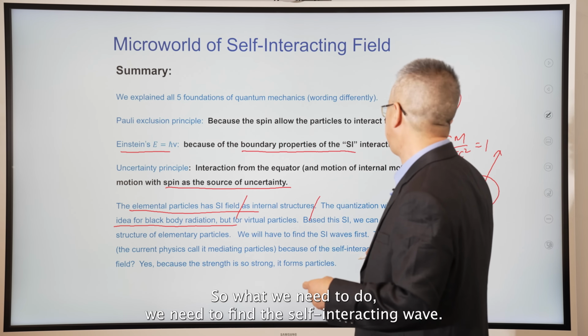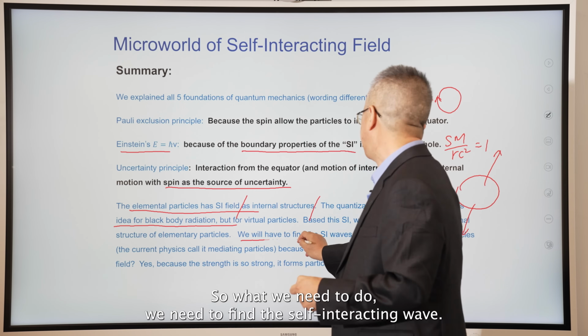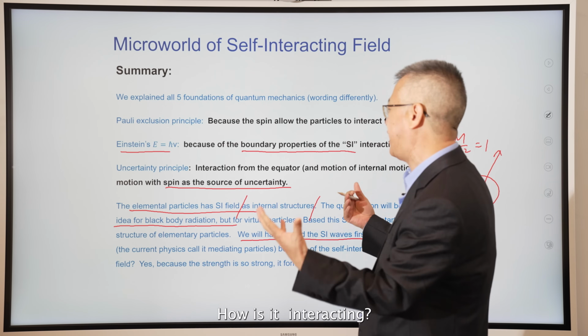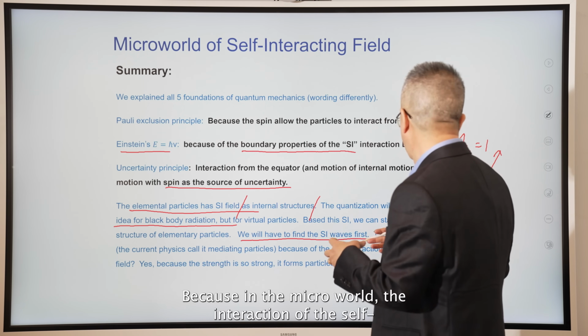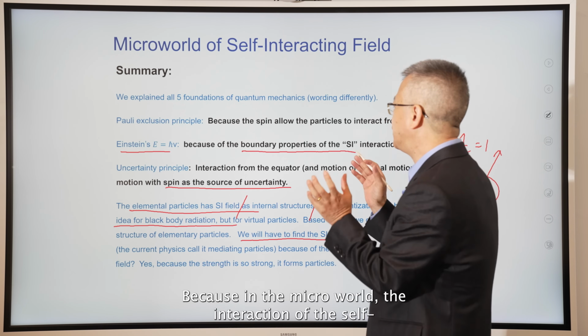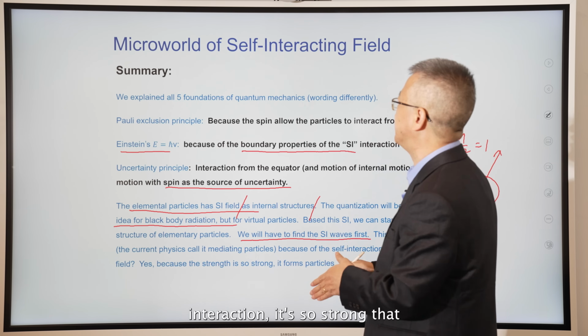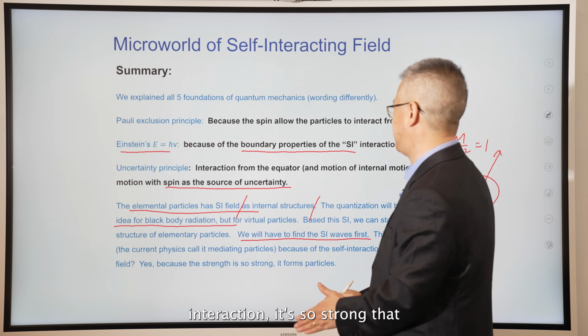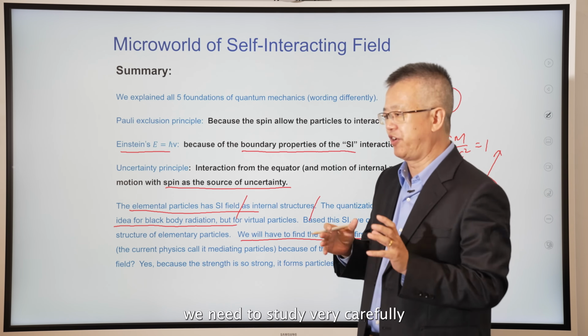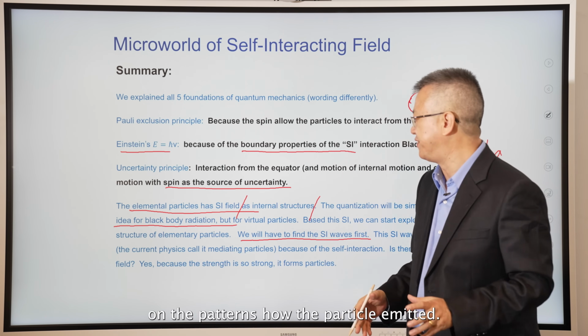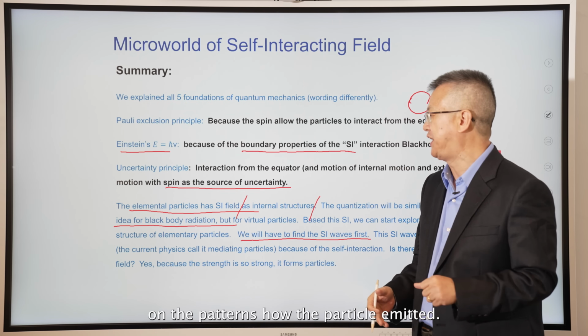So what we need to do is find the self-interacting wave and how it interacts. Because in the microworld, the self-interaction is so strong that we need to study very carefully the patterns of how the particle is being emitted.